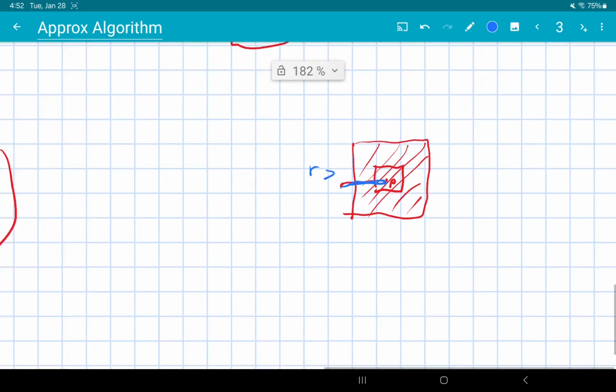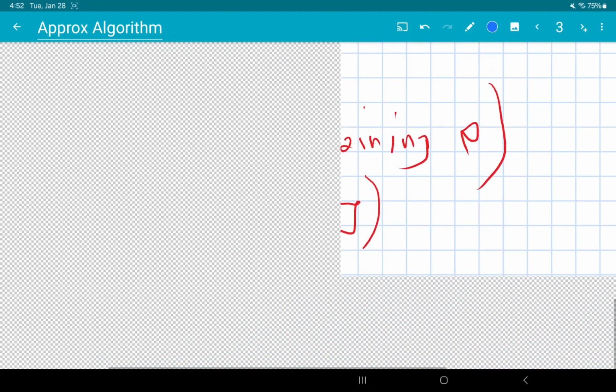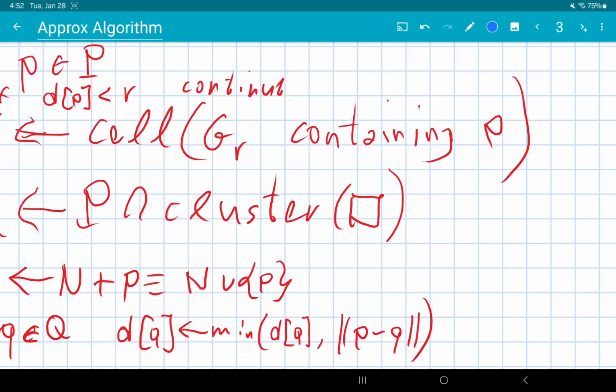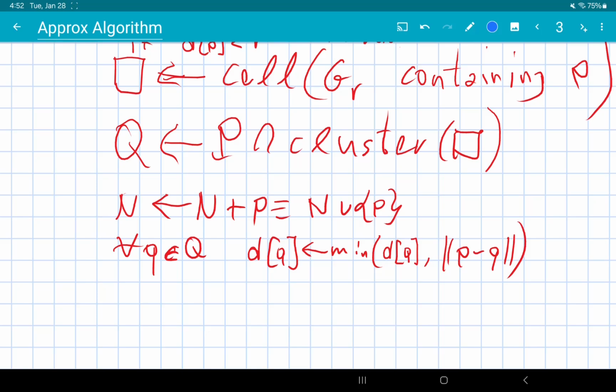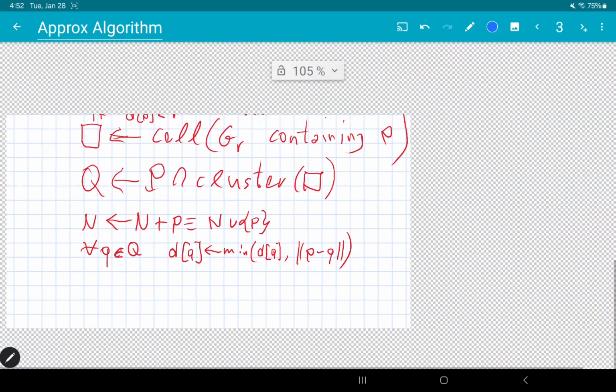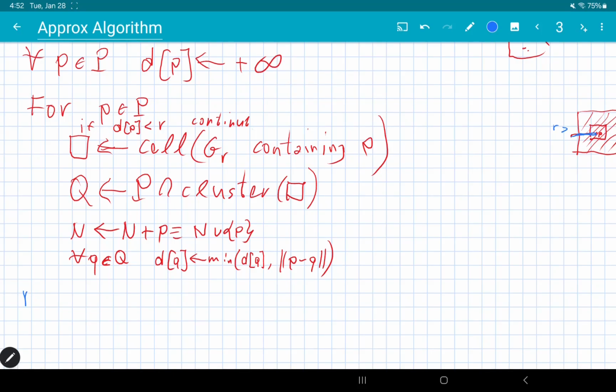It's too far, the update to the distance doesn't matter. So that's that. The correctness of the algorithm is obvious. We are maintaining this below R, above R information in the distance for each point. All the points we picked in the net are at distance at least R from each other, and in the end of the run of this algorithm, we just return the net.